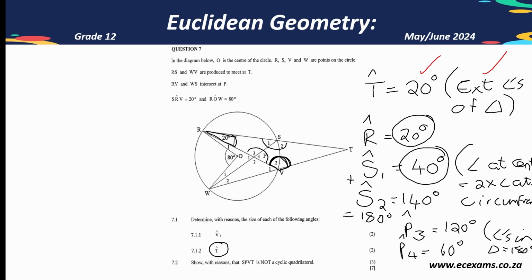Earlier we got our arrow theorem, and I'm going to just jump to the left-hand side of the board here. We got V1, we said earlier, that we worked out V1 was 40. Okay, therefore V2 is going to equal 180 minus that 40, which is going to give me the 140. Okay, so S2, V2, 140, 140.